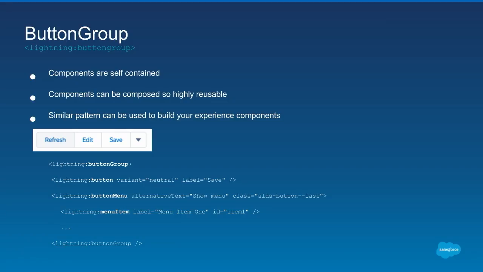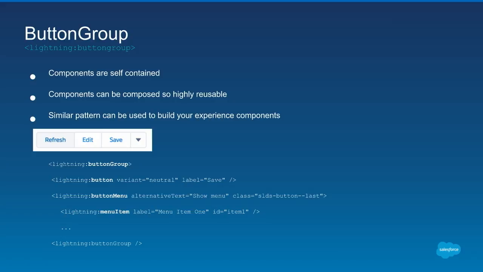Next, I'll talk about how our components are self-contained and how they are composed within each other. So in the example, you see a button group. A button group basically, with a menu, by the way, contains a menu item, which is composed inside a button menu, which has a set of buttons.